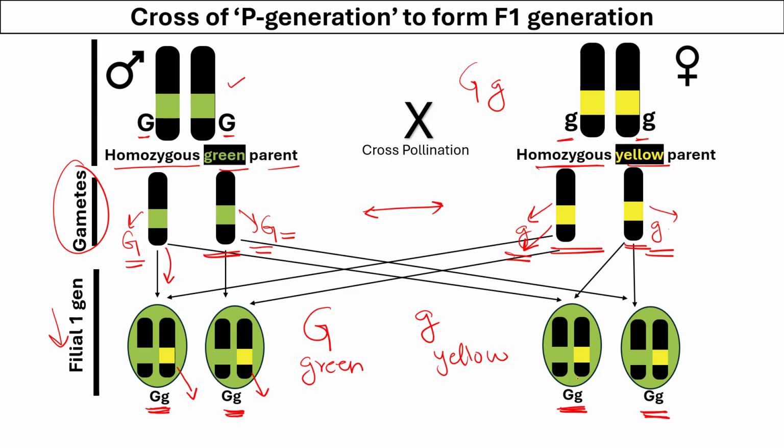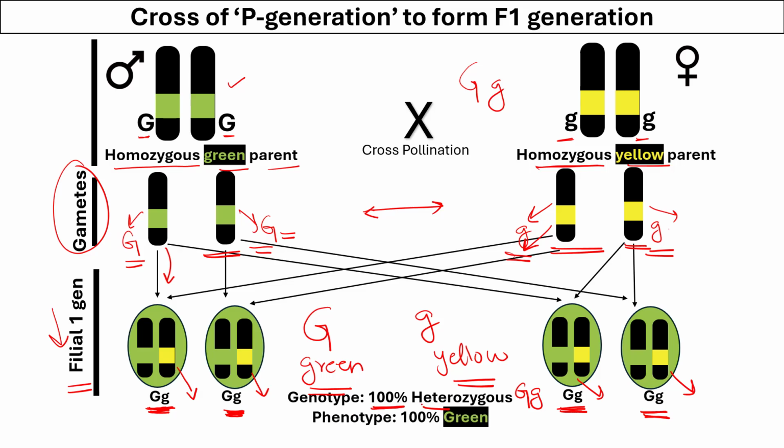Here also green, green. All of these pods will be green because green is dominant over yellow. So in the F1 generation, the genotype of all these plants is capital G, small g, heterozygous, all of them 100% heterozygous. And what is the phenotype? The phenotype is green color. All of these have green color.